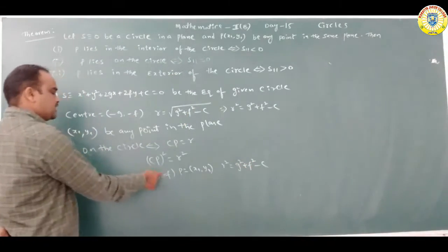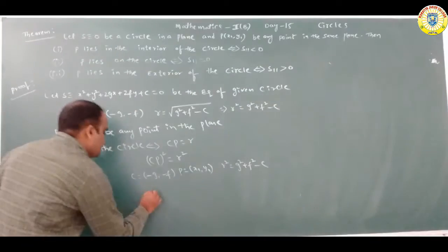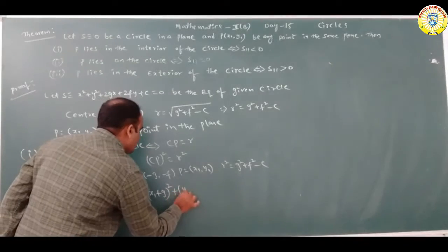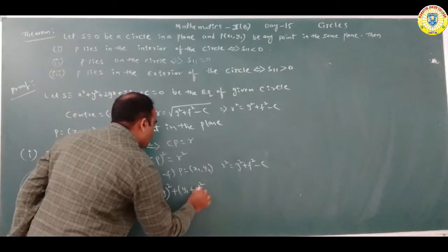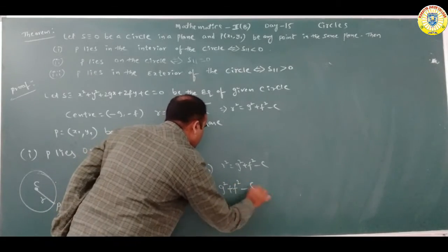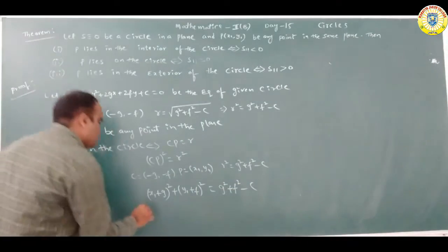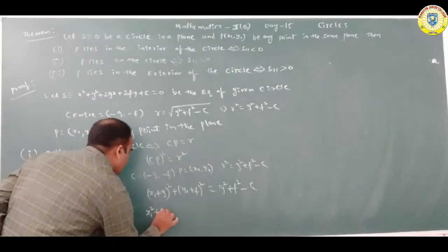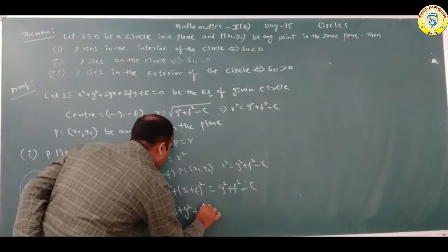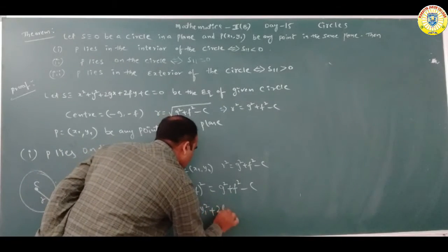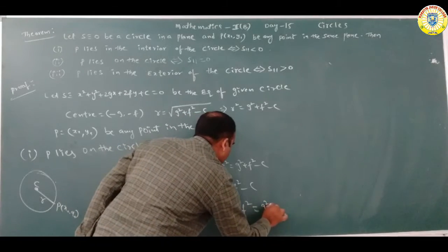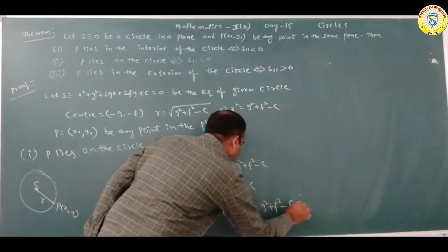So the distance between the two points C and P: (x1 plus g) whole square plus (y1 plus f) whole square is equal to R square, g square plus f square minus c. (x1 plus g) whole square is x1 square plus 2gx1 plus g square, y1 square plus 2fy1 plus f square is equal to g square plus f square minus c.